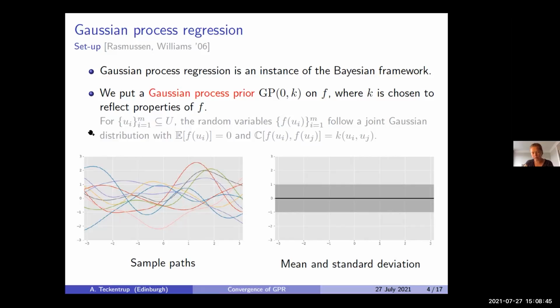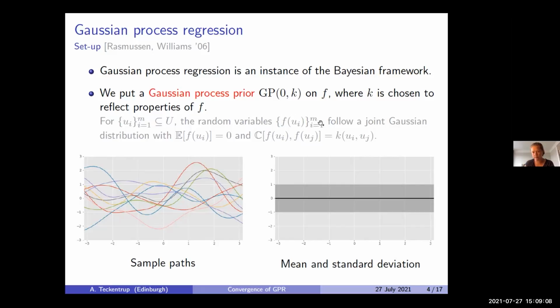Okay. So a Gaussian process is a stochastic process. So it is a random function. So you can view this Gaussian process prior as a distribution on functions. The function f is a Gaussian process. That means that at any point u_i in the domain of f, f(u_i) is a Gaussian random variable.